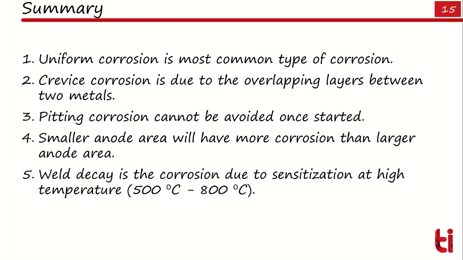Pitting corrosion cannot be avoided once started, and hence it is one of the most devastating kinds of corrosion. Smaller anode area will have more corrosion than the larger anode area. So you can use larger anode areas in your design to minimize the corrosion rate.